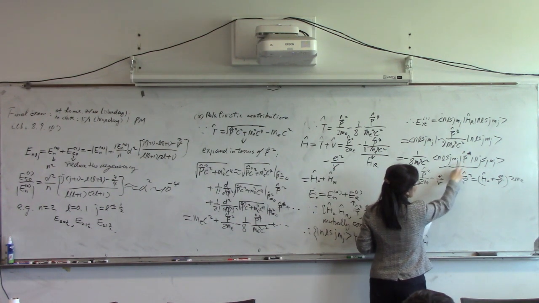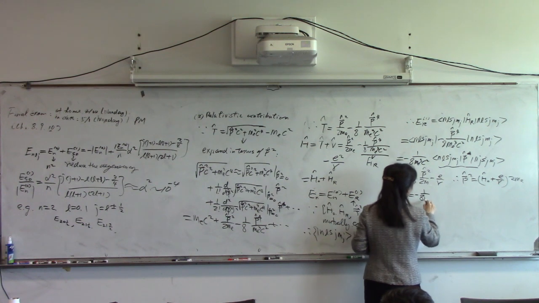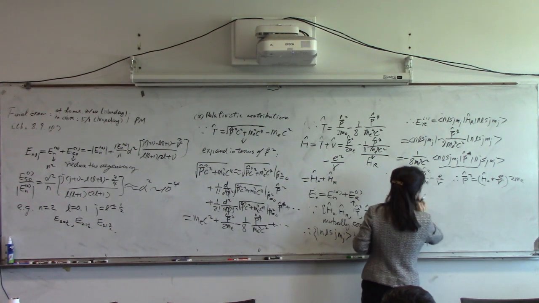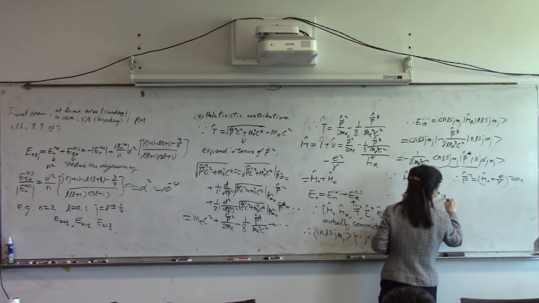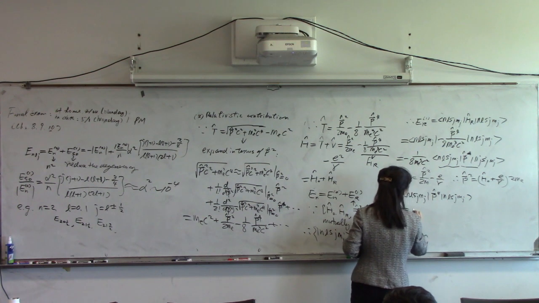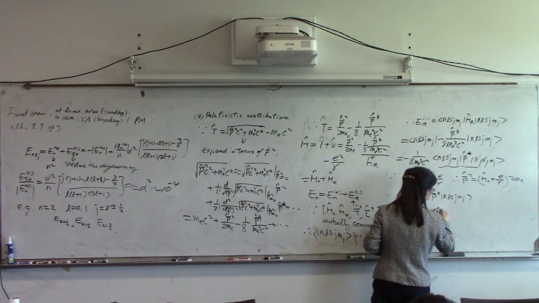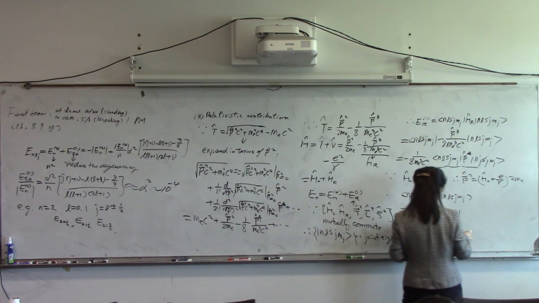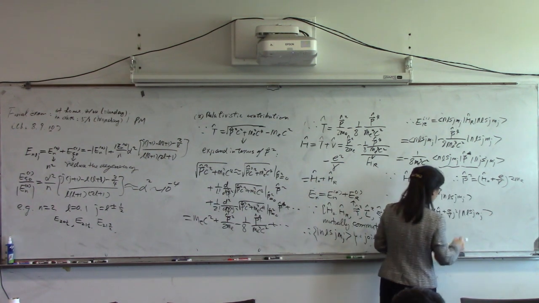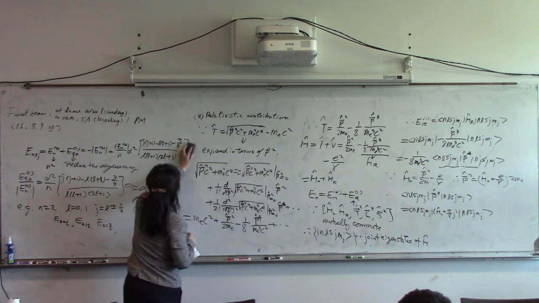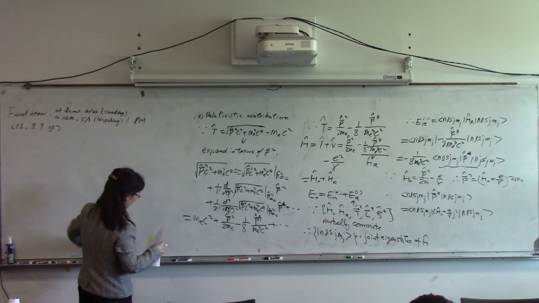Okay, so this p squared, and the p to the fourth power is just the square, right? So let's consider first this one: <n l s j mj| p to the fourth power |n l s j mj> is equal to <n l s j mj| (H naught plus e squared over r) squared |n l s j mj>.